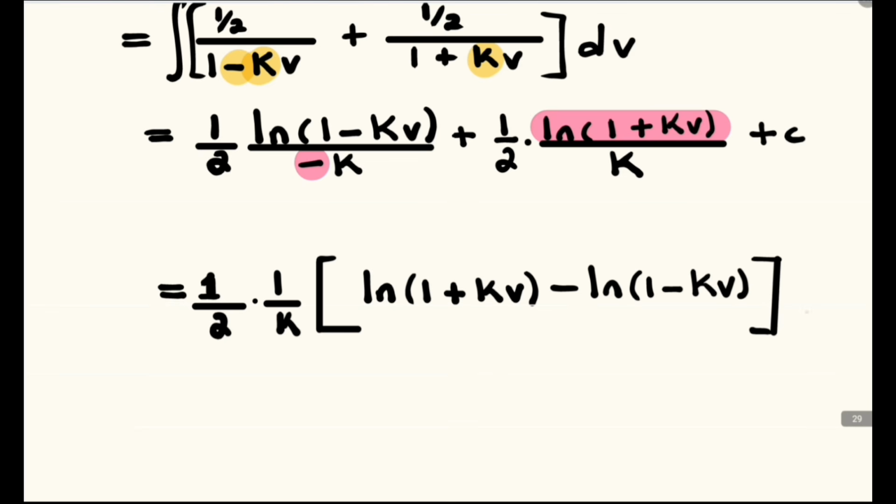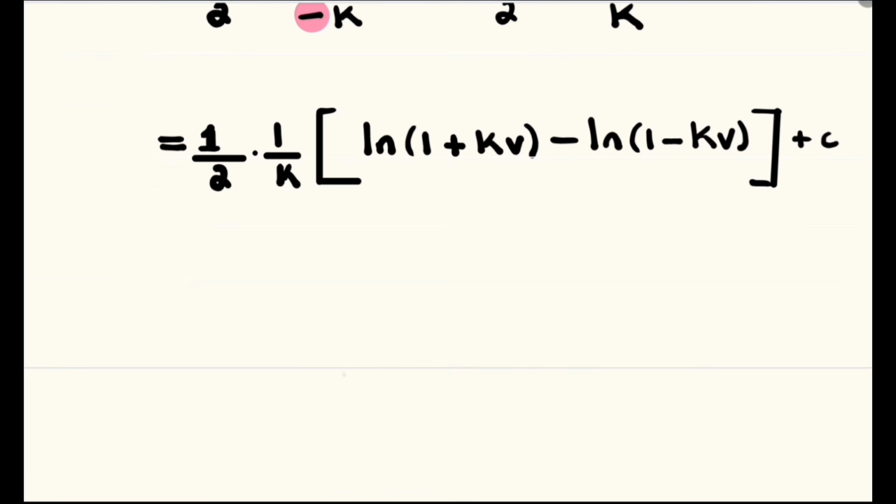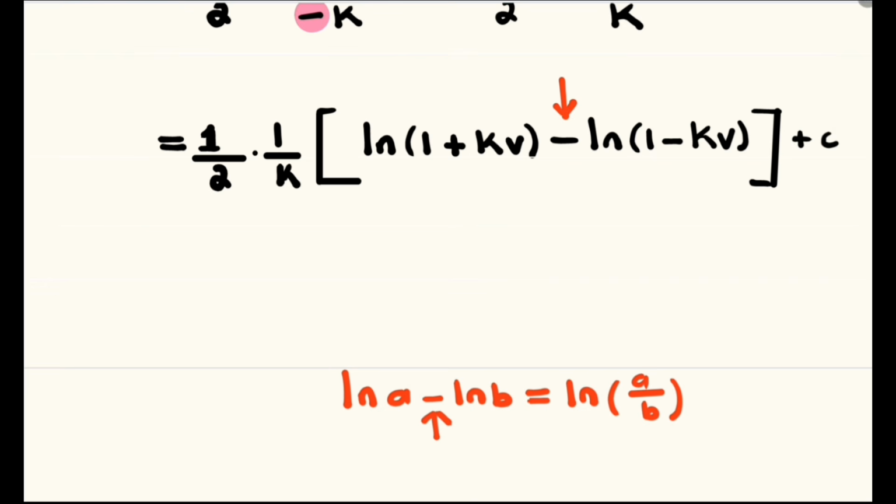And the logarithmic law that we are going to use states that if we have the ln of a minus ln of b, this is equal to the ln of a divided by b. So we have that negative and we also have that negative there, so we can use this law.